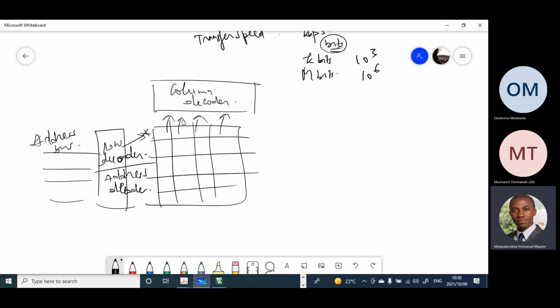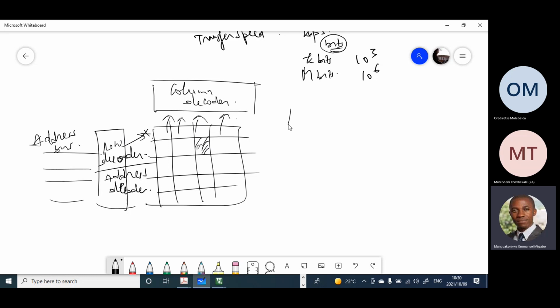But now, let's go to the next layer after the memory, in terms of hardware design of memory. What about the memory cell?